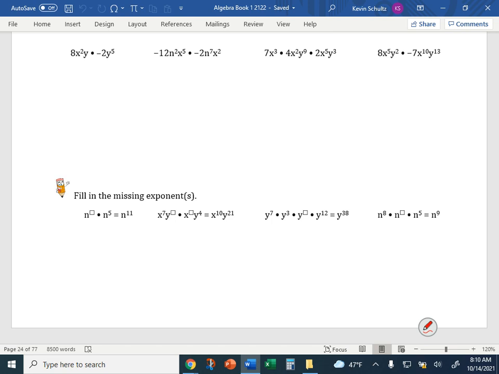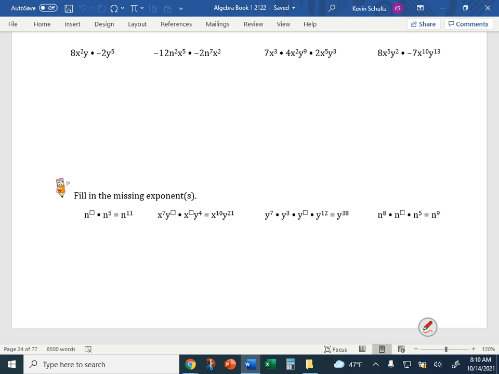I did use some foreshadowing that we would come across negative exponents. As Alex is pointing out here, if we already have 8 n's and we're getting 5 more, but we have to end with 9, we're going to have to go backwards, right? 8 plus 5 is 13. How do we get from 13 to 9?